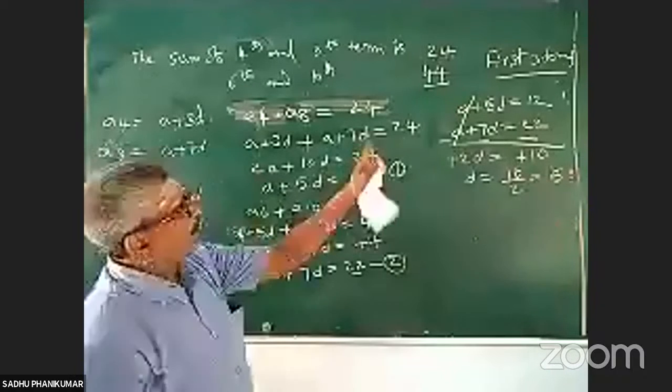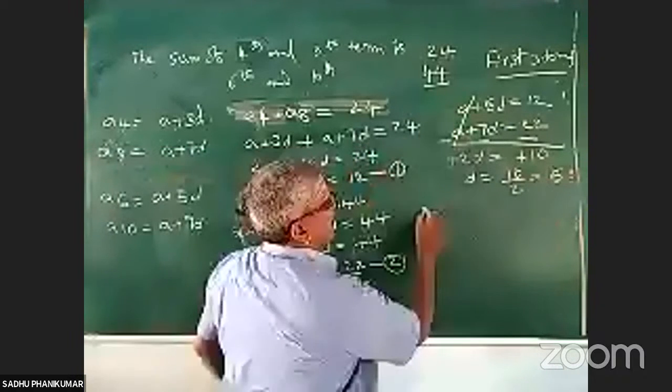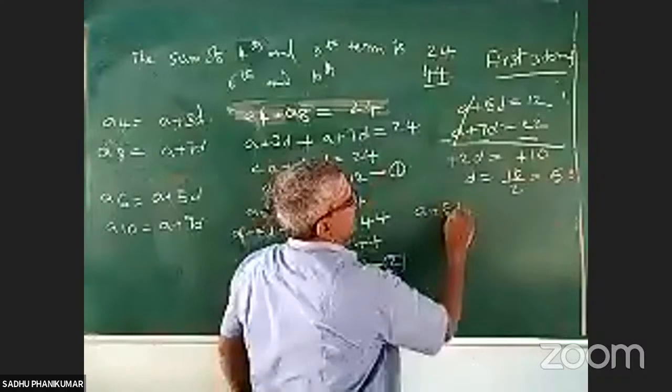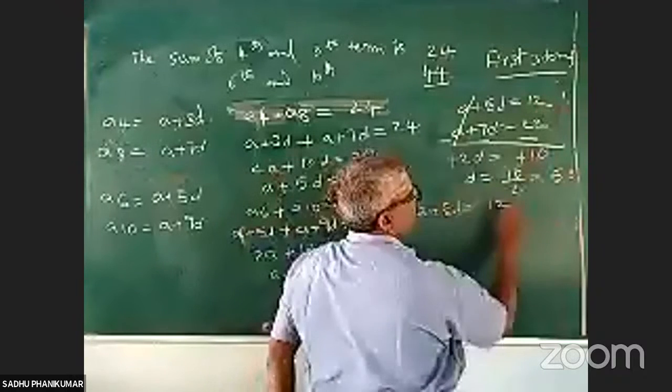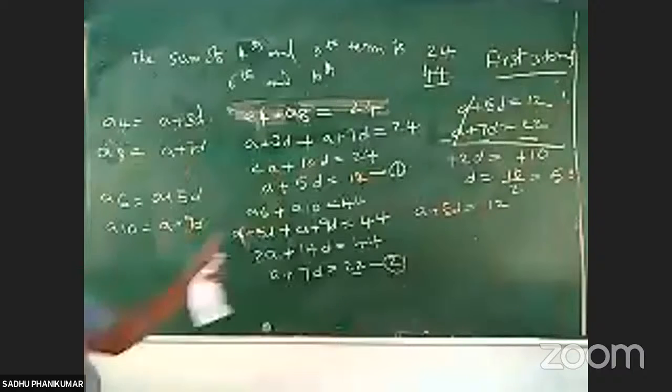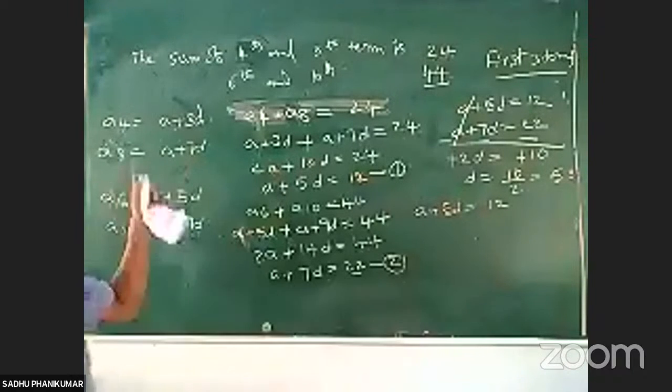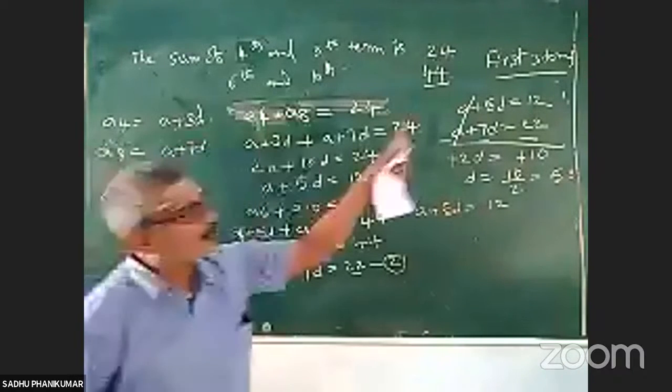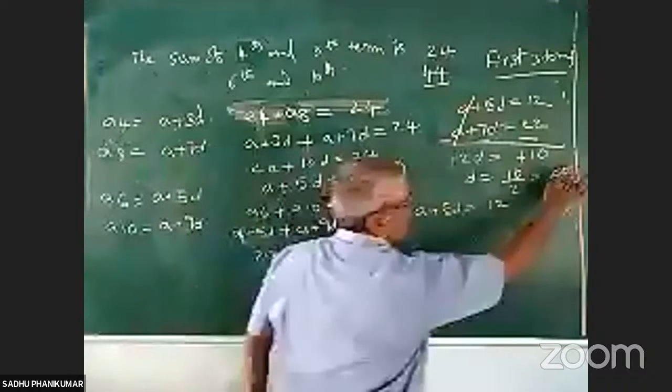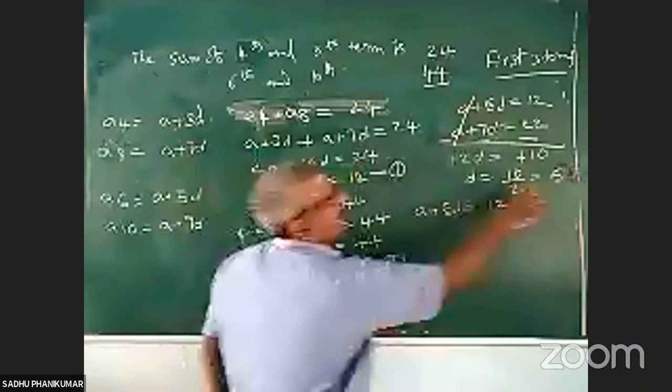Now take any one equation. I am taking the same equation, A plus 5D is equal to 12. Now write the value of D. What is the value of D? It is 5.